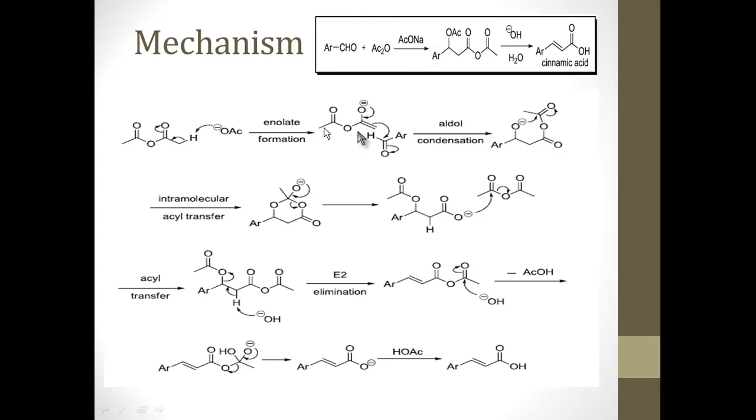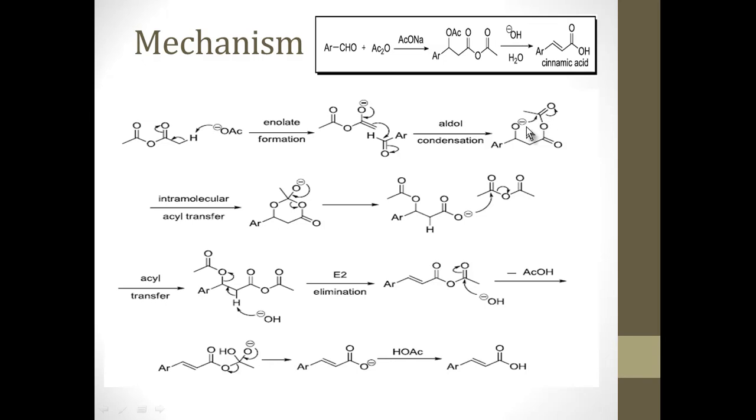Next what is happening? Intramolecular acyl transfer. So this acyl group will come to this position. This is intramolecular, within the molecule: the acyl group, CH3CO group, will be transferred from this position to this position.